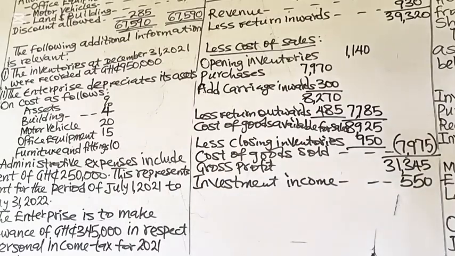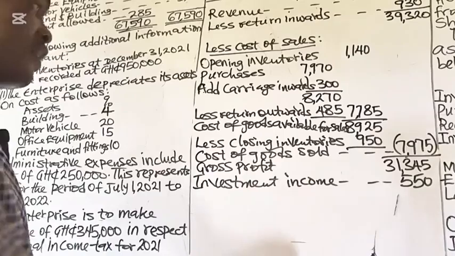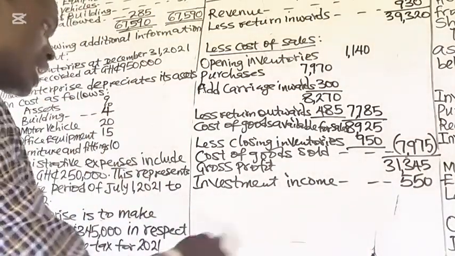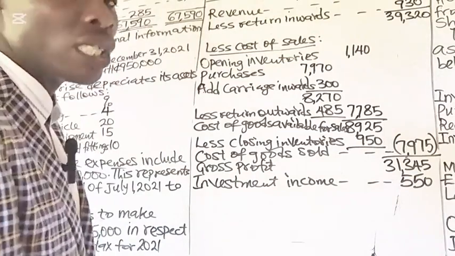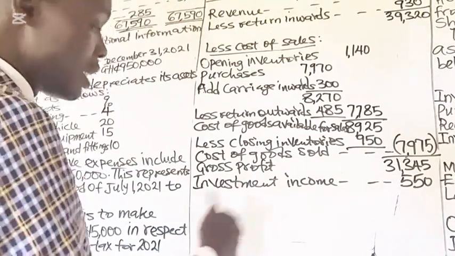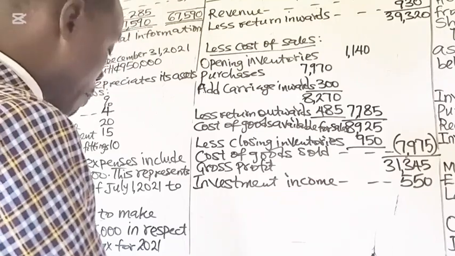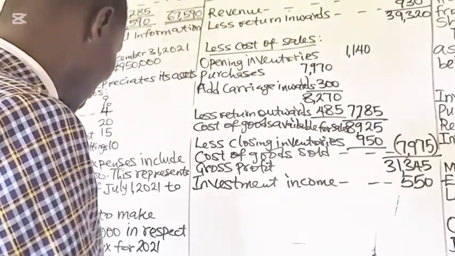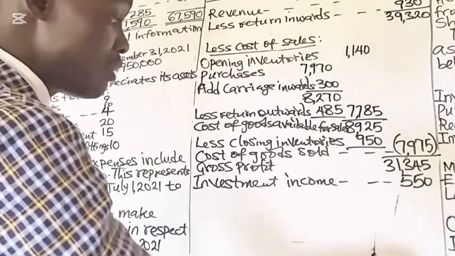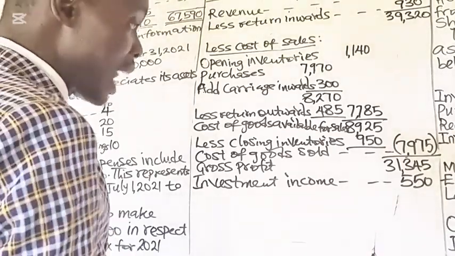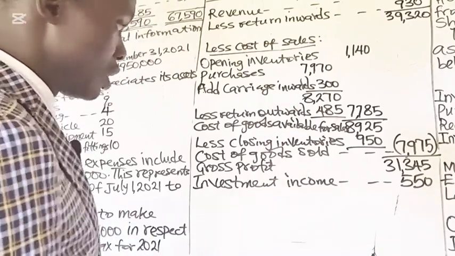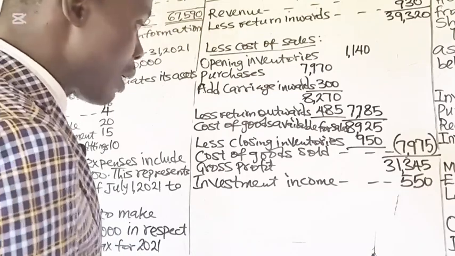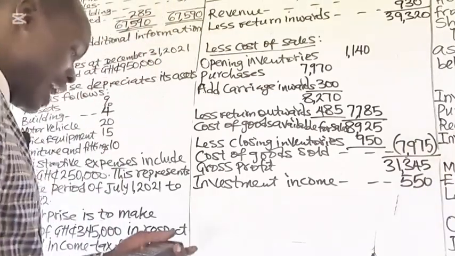An increase in allowance for receivables is an expense, but if it is a decrease, you treat it as income. You have a decrease if the one in the additional information is lower than the one in the trial balance. But the amount in additional information number 6 is 500, and what you have in the trial balance is 450. The one in additional information is greater, so you have an increase in allowance for receivable. An increase is an expense.